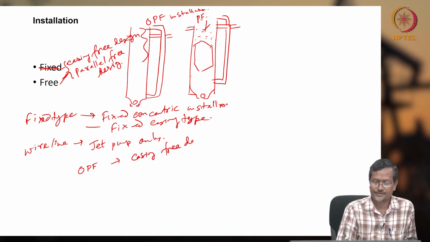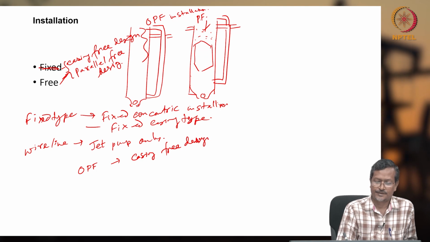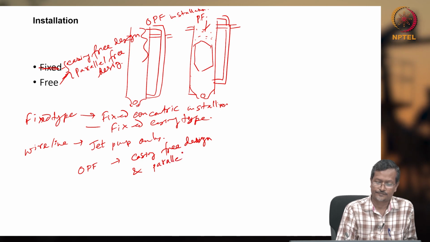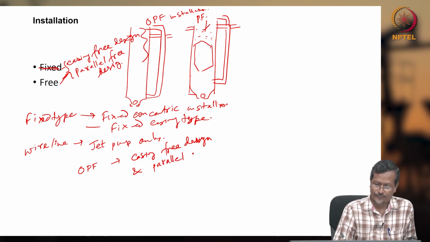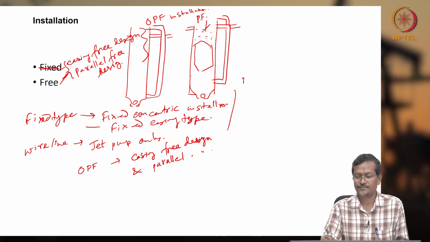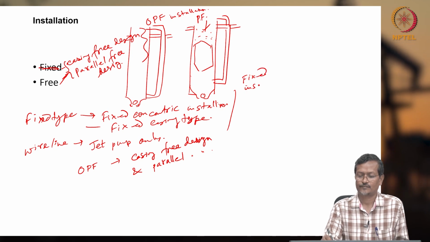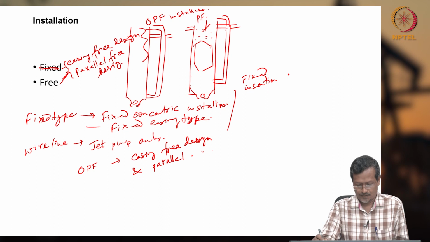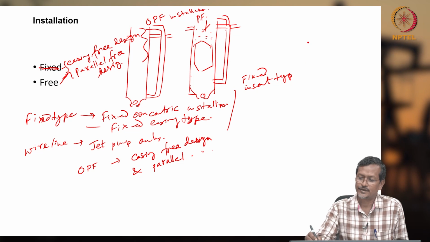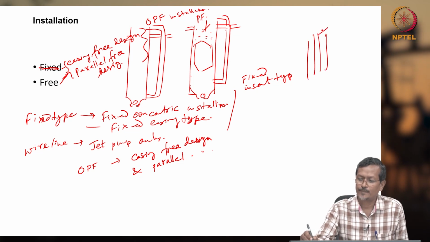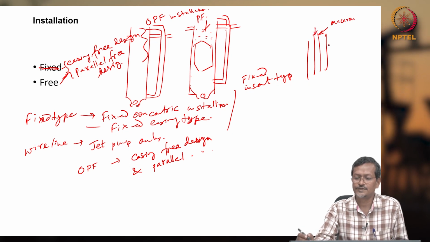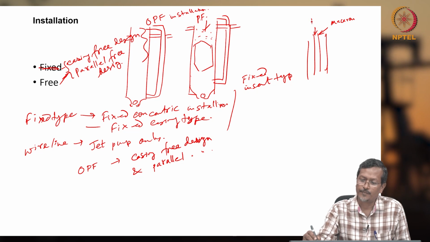Casing free design, and parallel free design. Okay, in fixed insert type, actually you have one tubing, you put one macaroni, a small macaroni tube, and using that macaroni tube you pump power fluid.